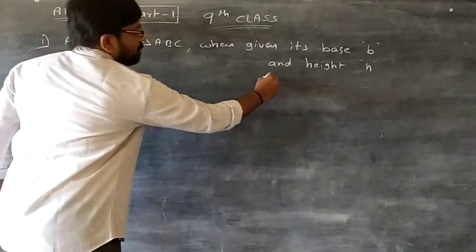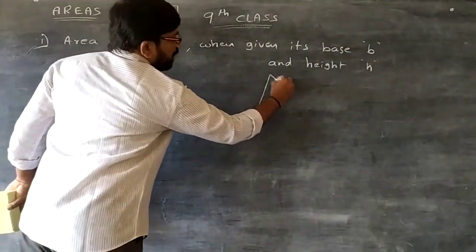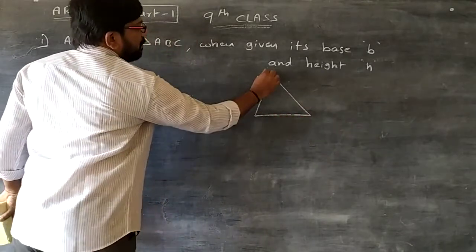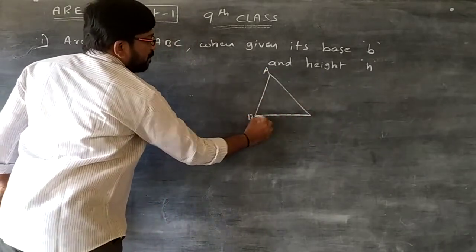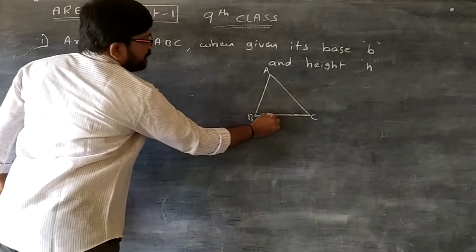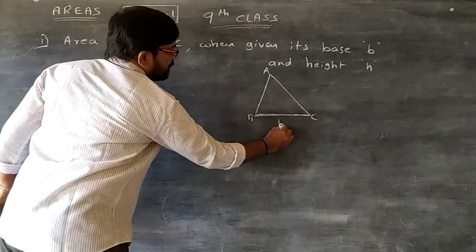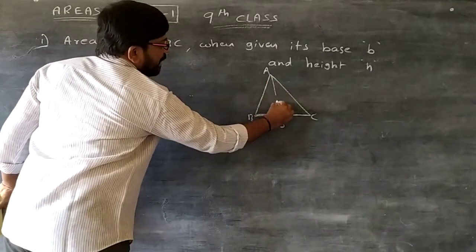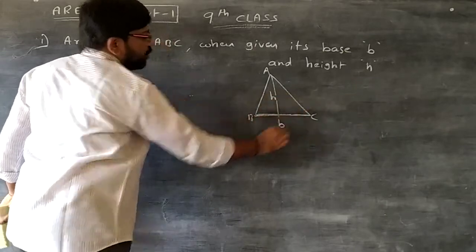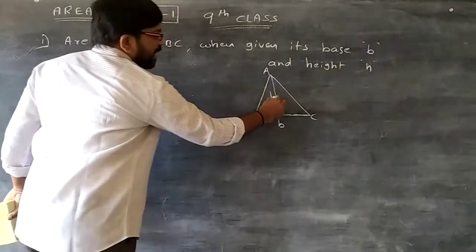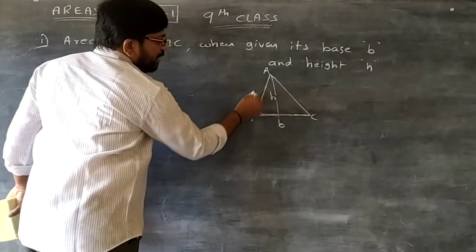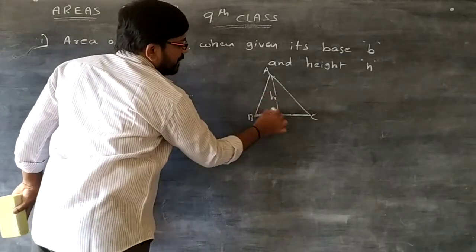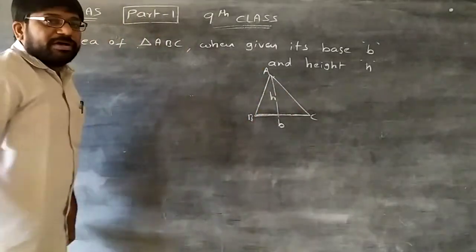Observe carefully. This is triangle ABC. Base is B units and height is H units. So what is the area? The region enclosed by three sides is called its area, right?